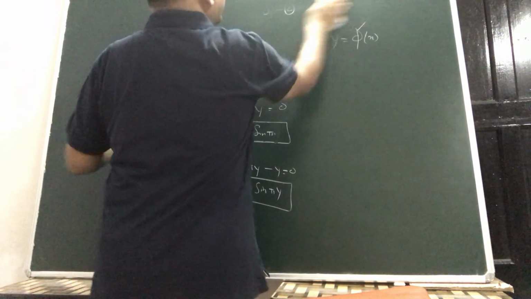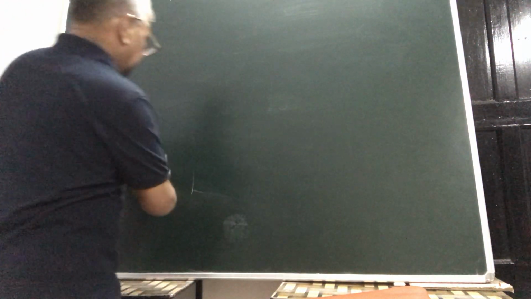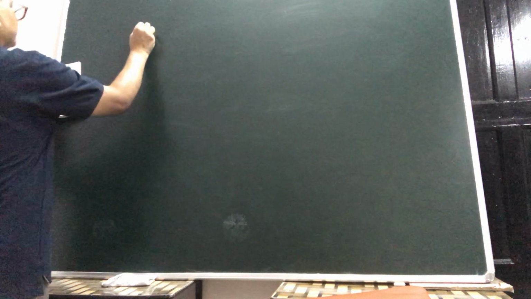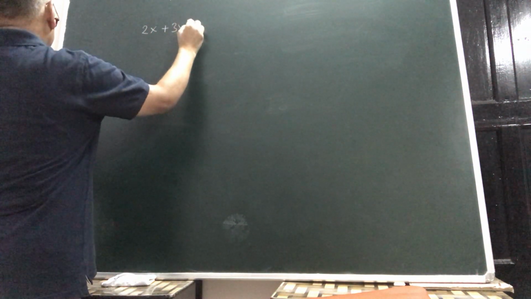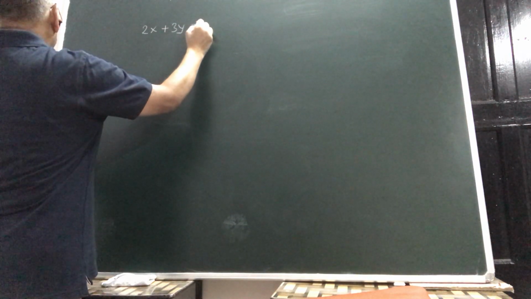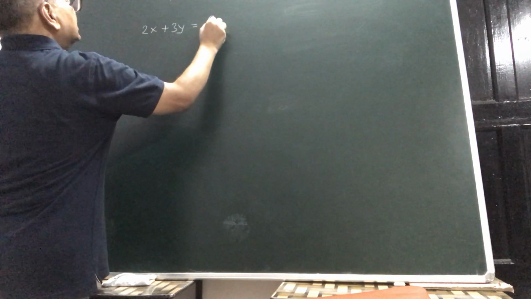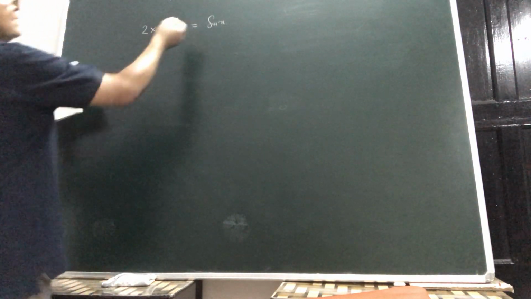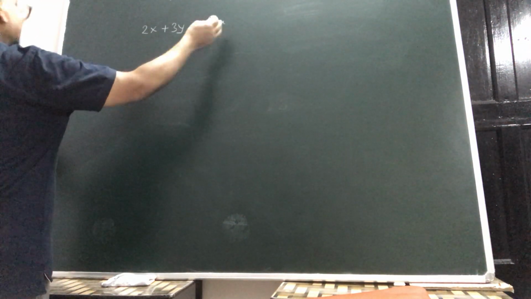So we will take a few questions here from this exercise 5.2, and then we will see how we can find the derivatives. I am taking this first example, very easy. It is 2x plus 3y is equal to sine x. Here things are simpler because it is sine x, so no issues.